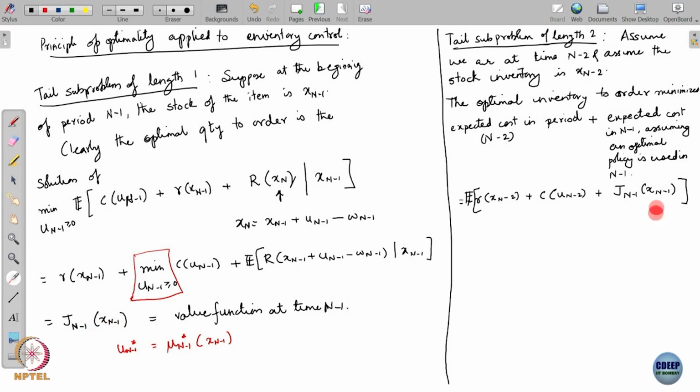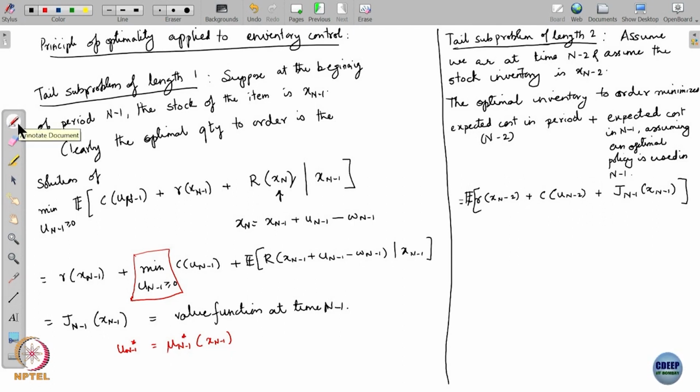So we can plug this in as a function of that state, and that state can get realized through x n minus 1 and u n minus 1, and then we can calculate the expectation. And so we can talk of the optimal cost at stage n minus 2.